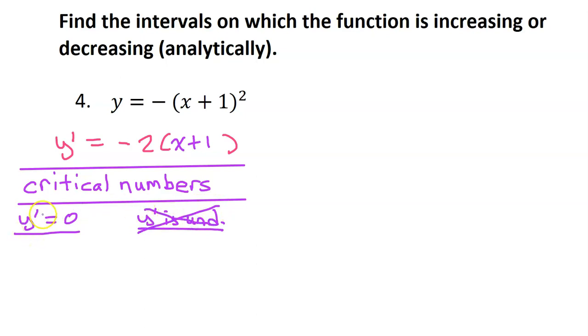So we will just focus on finding where y prime is equal to 0. So if I set this equal to 0, I have negative 2 times x plus 1 equals 0, which tells me by the zero product property, x equals negative 1. So this is my only critical number.